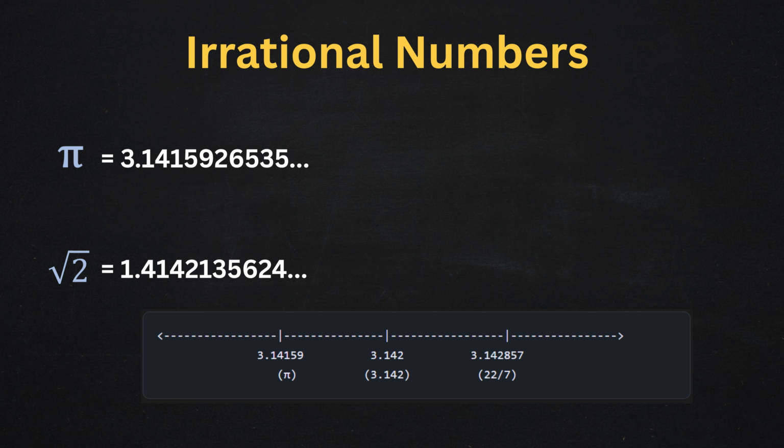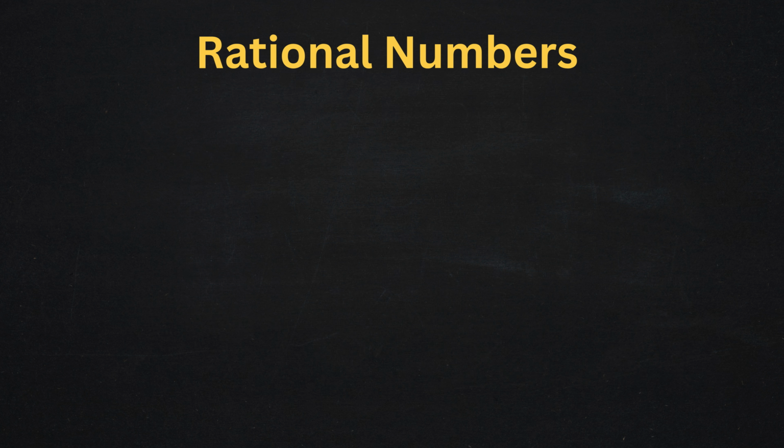We use it in our calculation, but they are not the actual value of pi. In fact, the exact value of pi is not known to anyone, even to supercomputers. Apart from this, 3.142 and 22 by 7 are rational numbers. Now we will go through some special decimals where a pattern is repeated in its decimal portion an unlimited number of times.